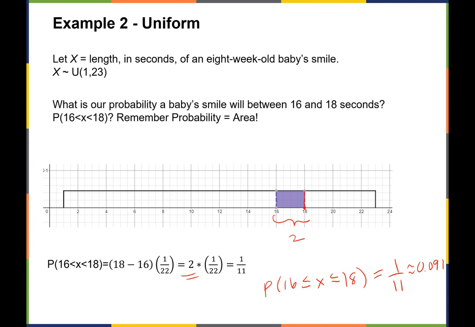So if I wanted to find the area of this little teeny red rectangle, well, it's not a rectangle. It's only a line. It has no width. So that has area 0. So adding the less than or equal to sign to the less than doesn't make any difference, because no individual point has any probability. Remember, I said the probability of any point is 0. And that's because we can't have an area at a single point. There is no width. So you can include the less than or equal to, or you can just put less than, and it's not going to affect the probability.